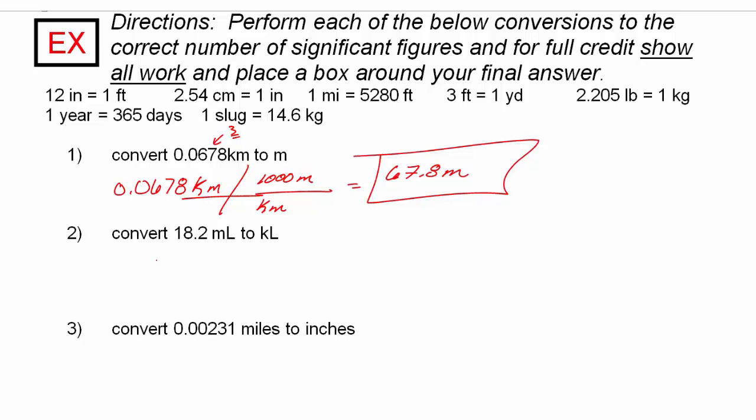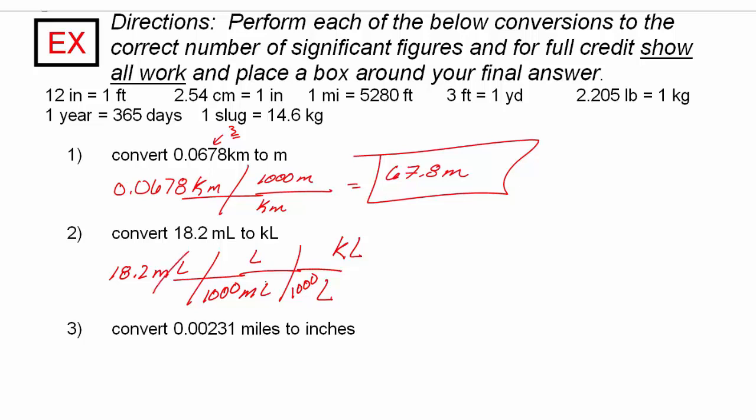Convert 18.2 milliliters to kiloliters. I don't know how to convert milliliters to kiloliters, but I know milliliters to liters, right? The number goes with the 1,000, with the milli. Now the liter has to cancel, to get it into kiloliters. Where does the number go? It goes with the liters. There's 1,000 liters in a kiloliter.